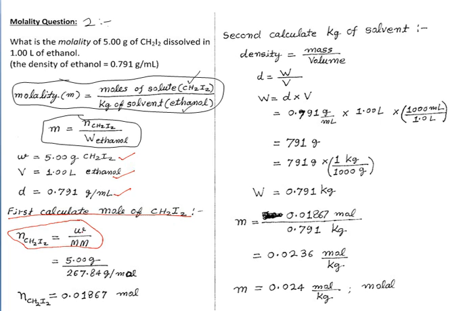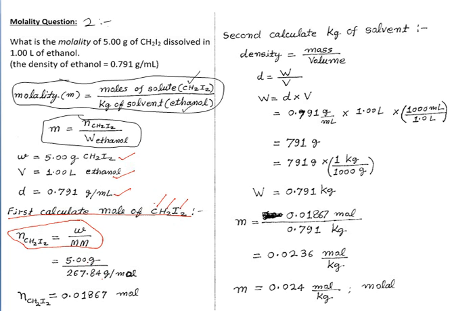So mass of solute is here 5.00 gram, and molar mass of diiodomethane is 267.84 gram per mole. So basically for molar mass you have to add carbon and 2 hydrogen and 2 iodine atomic masses all together, and then we will get the molar mass.